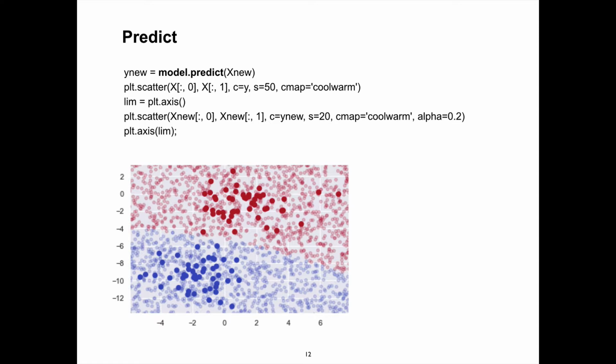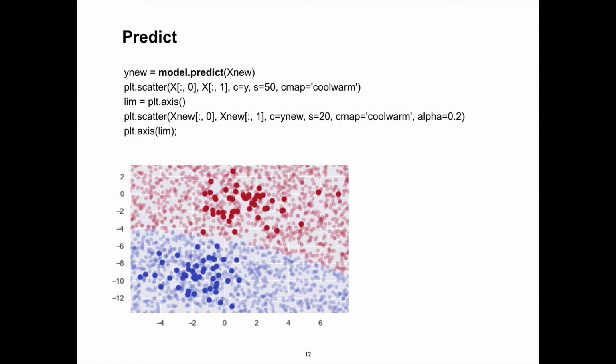We created an X new, and we're using the Y new to determine whether it should be red or blue. Right, so it's showing you there's basically a line here that divides one set from the other.